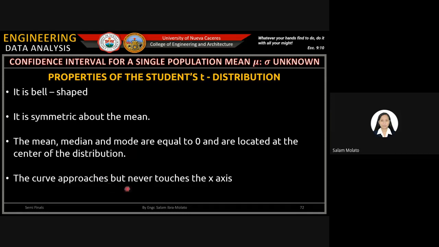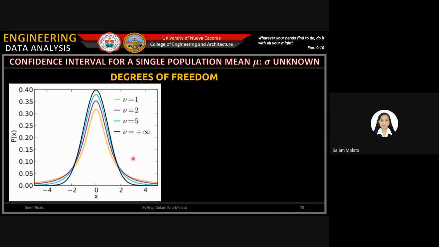So the curve approaches but never touches the x-axis. So these are some of the properties of the Student's T distribution. As an example, we have this one. As you can see, we have the curve. It's bell shaped. Okay, and the mean, the median, and the mode is 0.